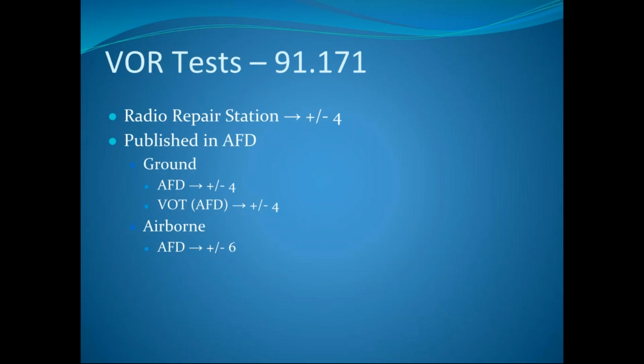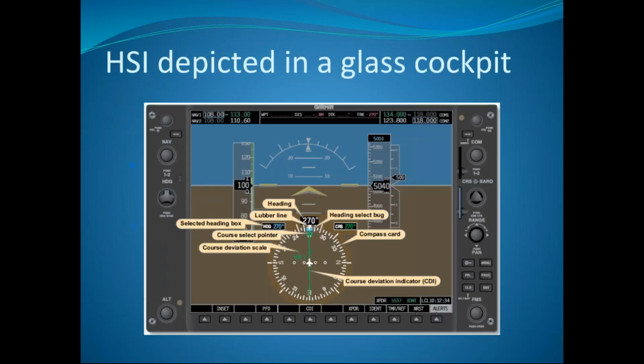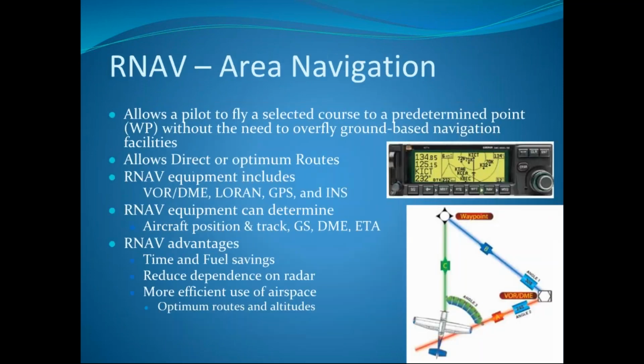The AFD, its tolerance is plus or minus 4. Anyways, AFD, NDB, plus or minus 4. Airborne AFD, plus or minus 6. So not any information you really need to know there. That's all done by the pilot.